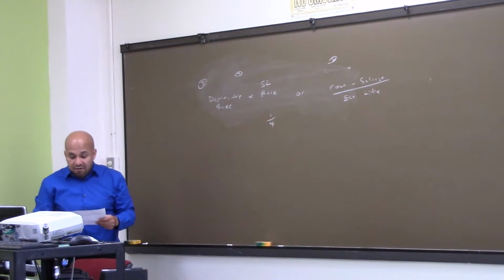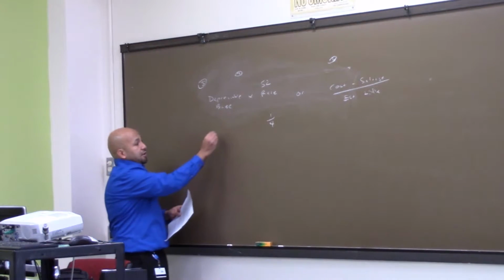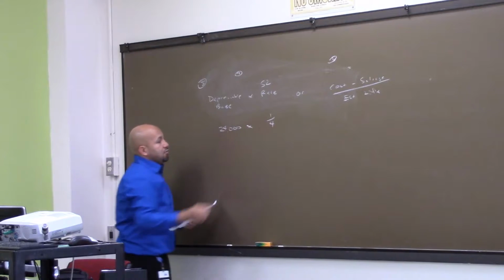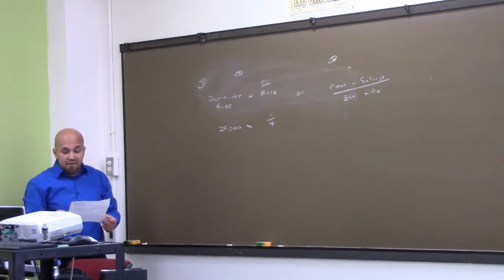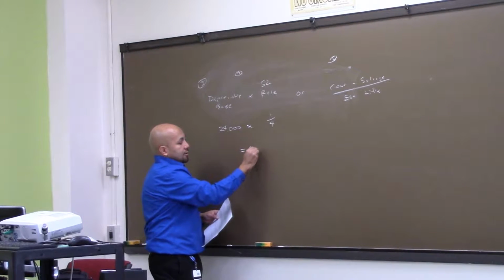Depreciable base. So the cost is $28,000. Salvage value is $4,000. What's my depreciable base? $24,000, right? So 24,000 times 1 over 4 equals 6,000, right?